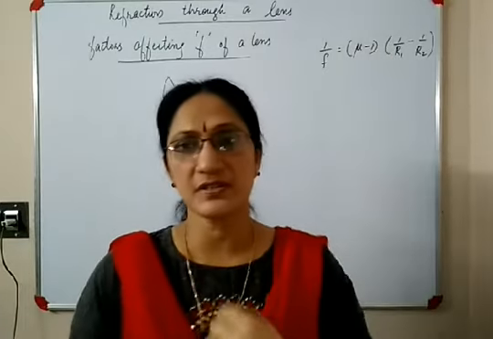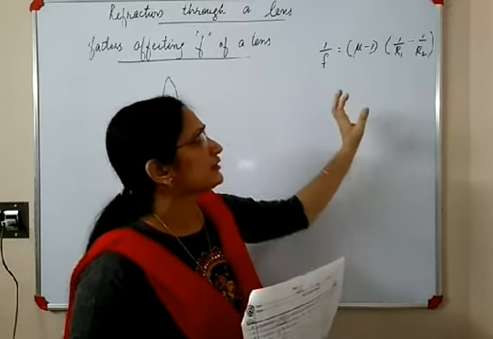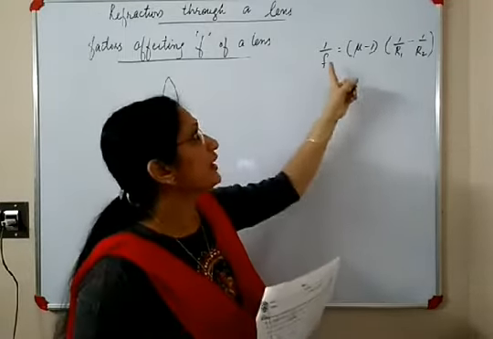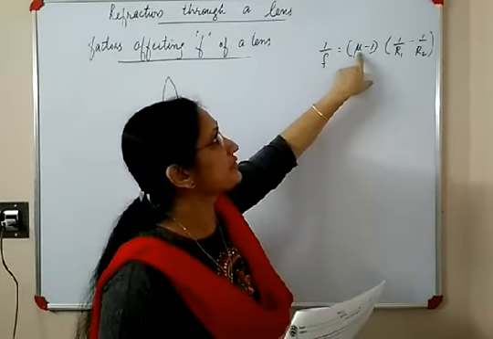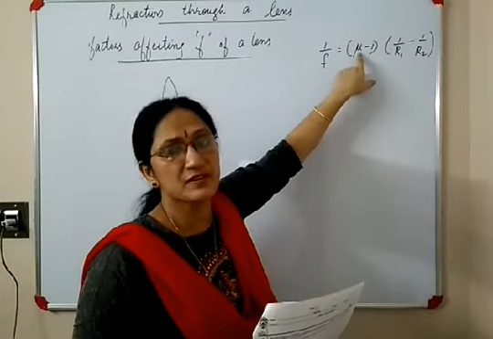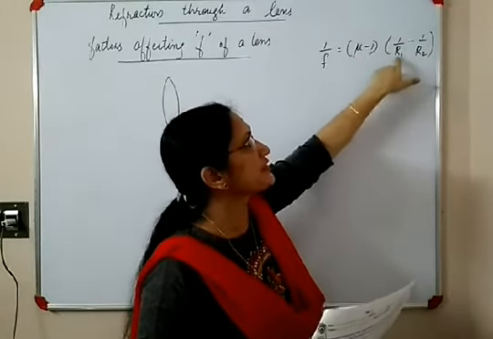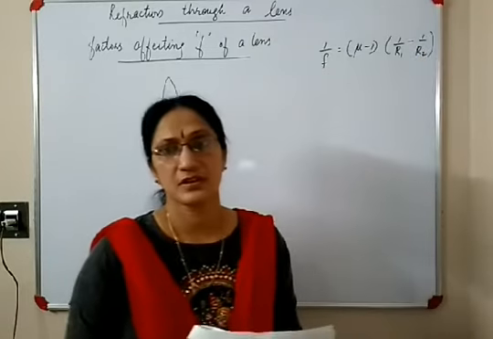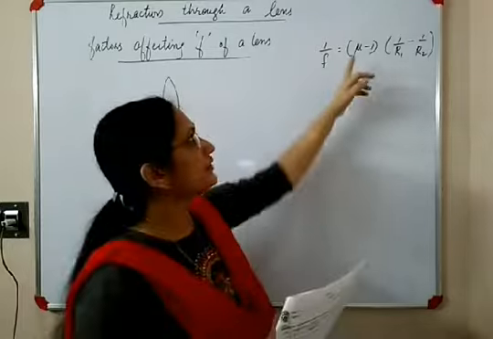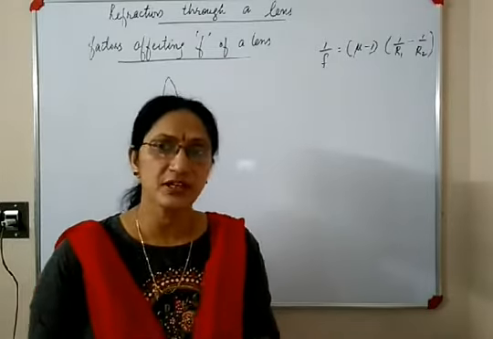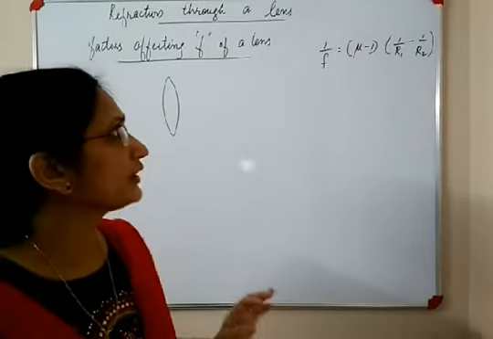Actually, in your syllabus, this formula doesn't come, I just gave it to remember that focal length is determined mainly by the refractive index, mu, of the material, and the radius of curvature of the first surface and second surface. These are the main factors that determine the focal length of a lens.